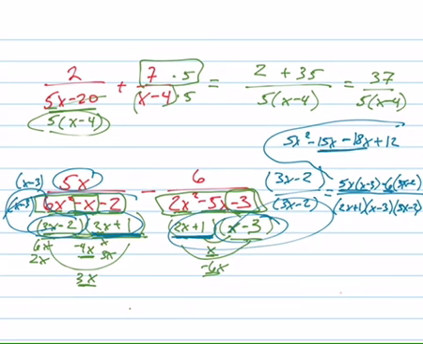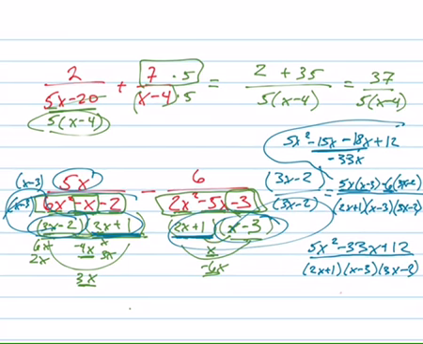And now when I add these together, it's negative 33x. So my answer is, I'm going to write this down at the bottom, 5x squared minus 33x plus 12. That's the numerator. And the denominator is 2x plus 1, x minus 3, 3x minus 2. And that's your answer.